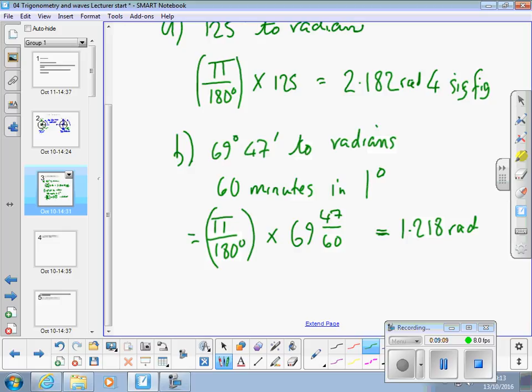If you don't put the degree symbol, then radians are assumed. But I like to see someone just put rad after it so you confirm that they are radians.